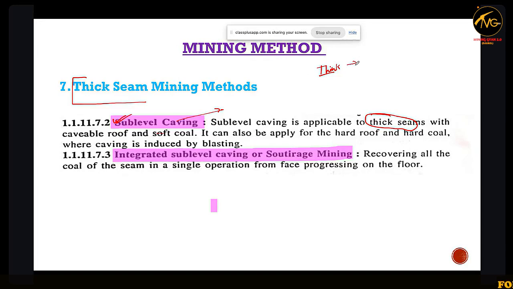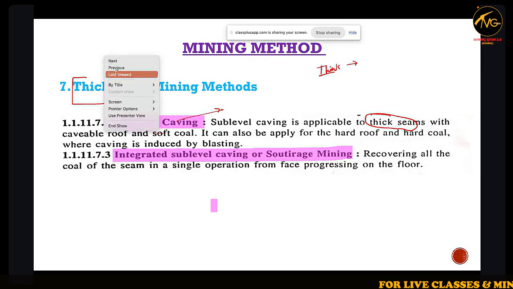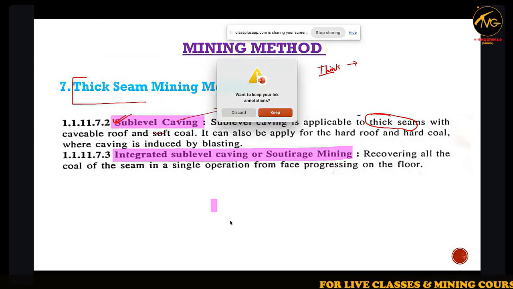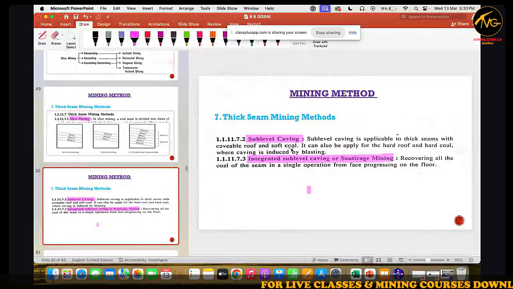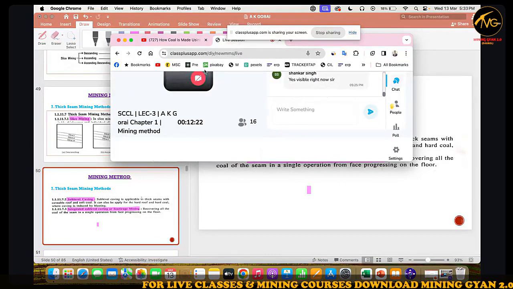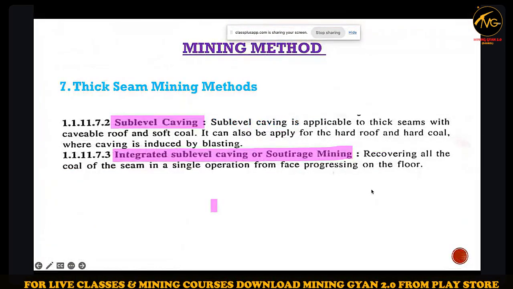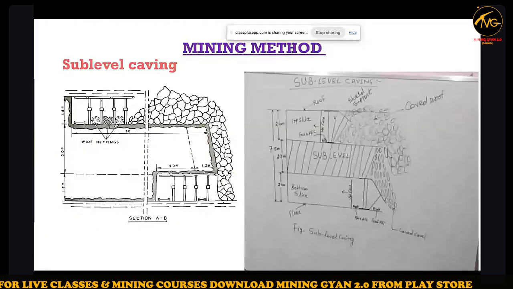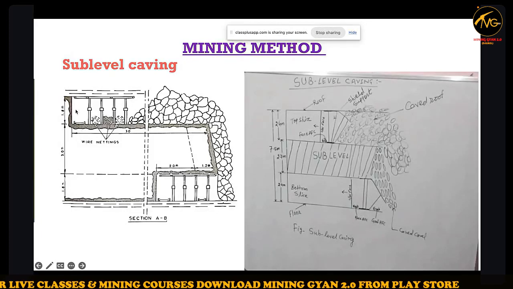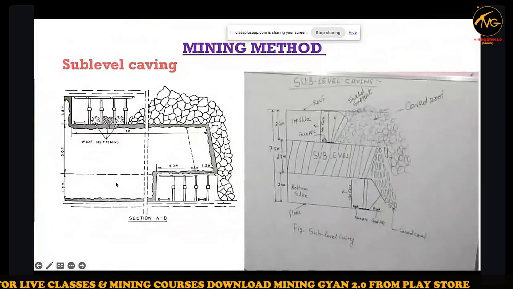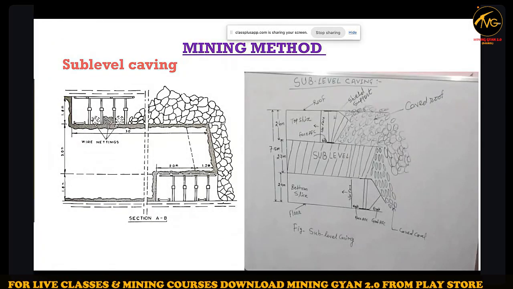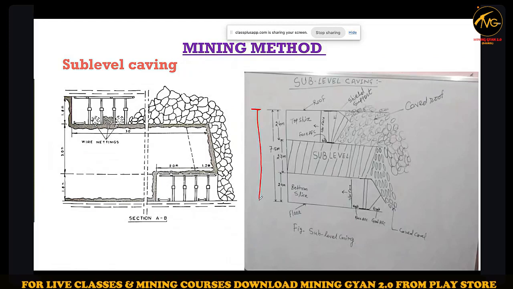First, the sub-level caving we are discussing. What happens in sub-level caving? Say this is 8 meters. If the coal seam is 7.5 meters, we will divide it into slices.